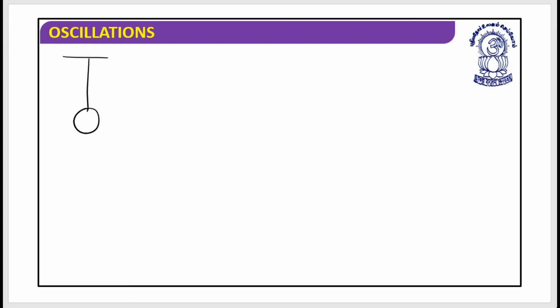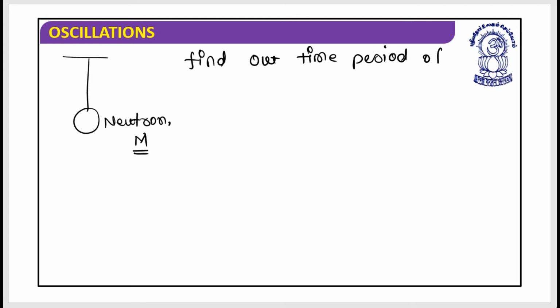Let's look at the next situation. Suppose this is a sphere, a neutron. The neutron has been used as a bob and its mass is considered as m. The question is to find the time period of the pendulum, and the electric field is acting in the downward direction.